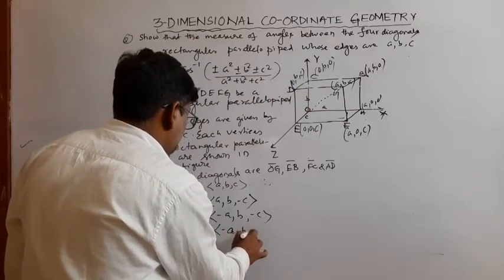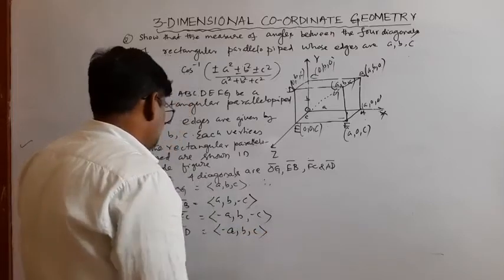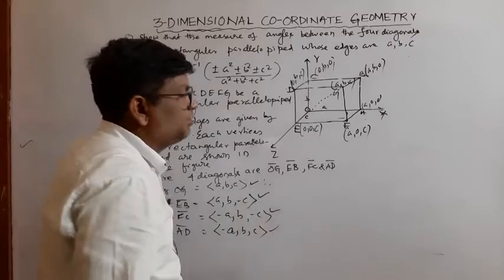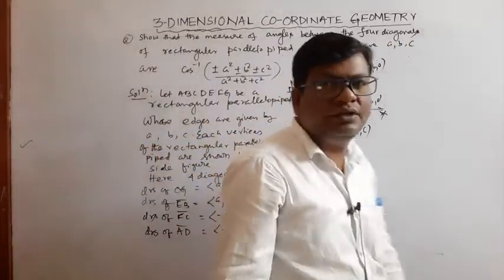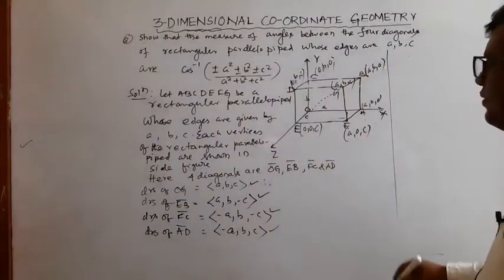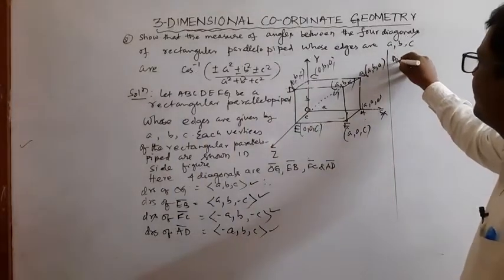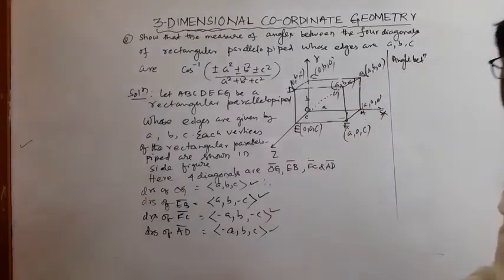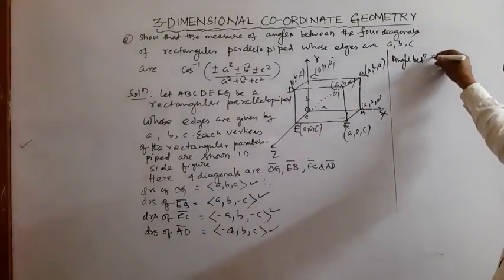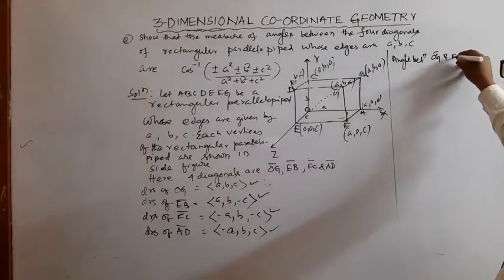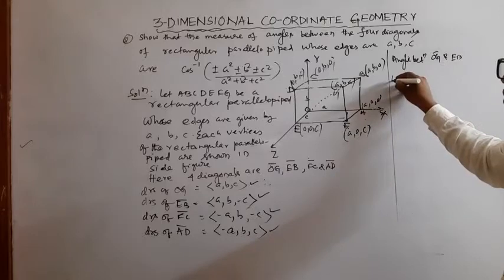So B, C. Okay, these are the four DRs of four diagonals. Now angle between them. Angle between OG and EB. So cos inverse is equal to what?